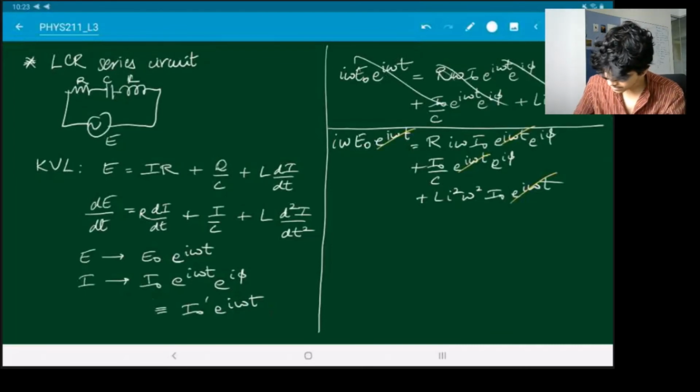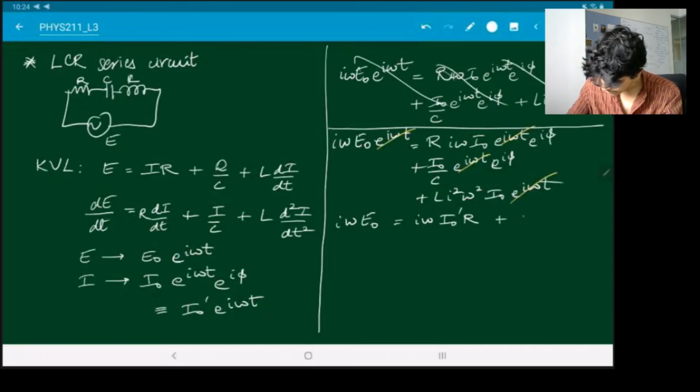So then I can rewrite this equation as i omega E0 equals i omega I0 prime R plus I0 prime over C plus i squared omega squared L I0 prime.